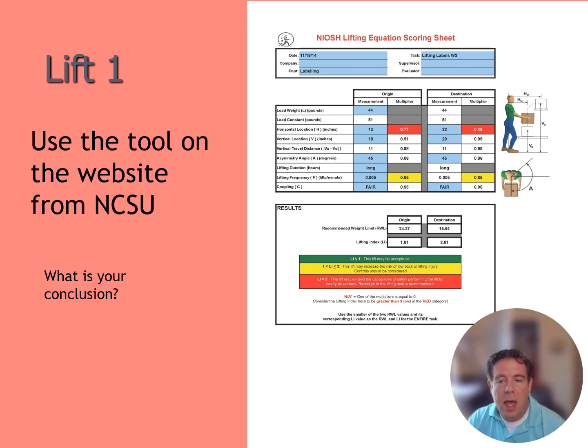As you can see at the origin, the modifier for the horizontal distance from the middle of the body to the object is probably the greatest one at 0.77. And then it gave us a lifting index of 1.8. But notice at the destination, that horizontal location is even worse, with a modifier of 0.45, giving us an index of 0.28. So between the two, that destination is definitely more.